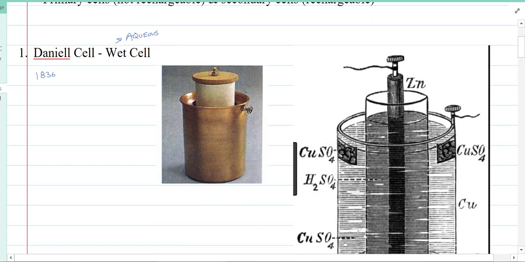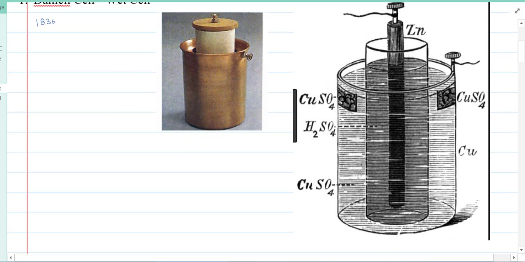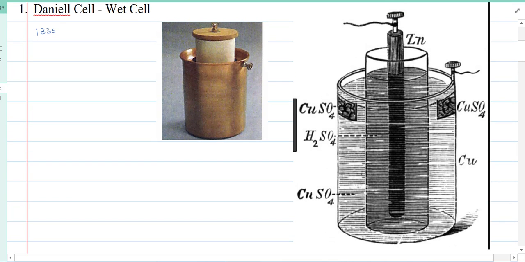And there's a picture of an actual Daniell cell that I clipped from the internet. And here's a drawing of it. And it's one of the ones we saw. It was the reduction: copper 2 plus, plus 2 electrons, going to copper.